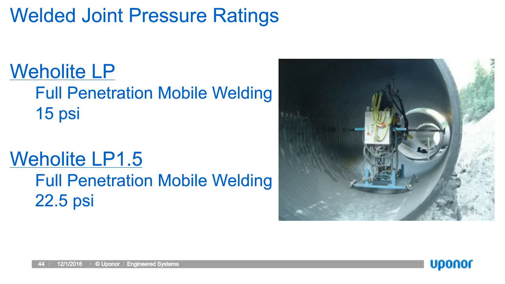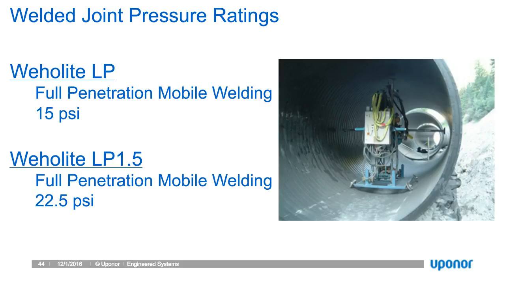If we want to achieve higher pressures, we have a product called Wheelite LP, which essentially is a slight modification to the extrusion process where we would smooth the weld, the profile-to-profile weld or annular section-to-section weld to achieve a 15 psi. With that pipe, we would also have what's referred to as full penetration weld, where we have a mechanical welder that goes out to the project site and welds the two materials together to ensure we have a full penetration weld.